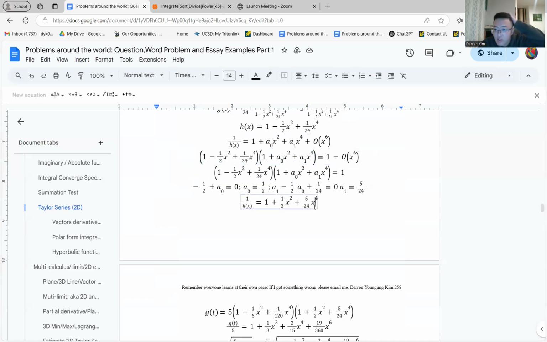The order of error never defaults to anything other than six. You find there's no coefficient for x or x cubed because there's no coefficient on this side and this side. And if you don't know, coefficients must match. It's a rule in math, because it doesn't make sense otherwise.